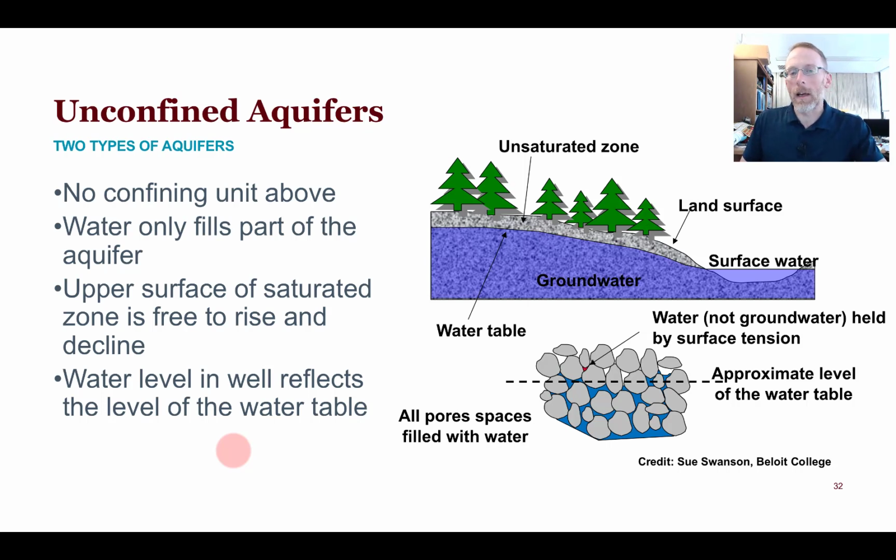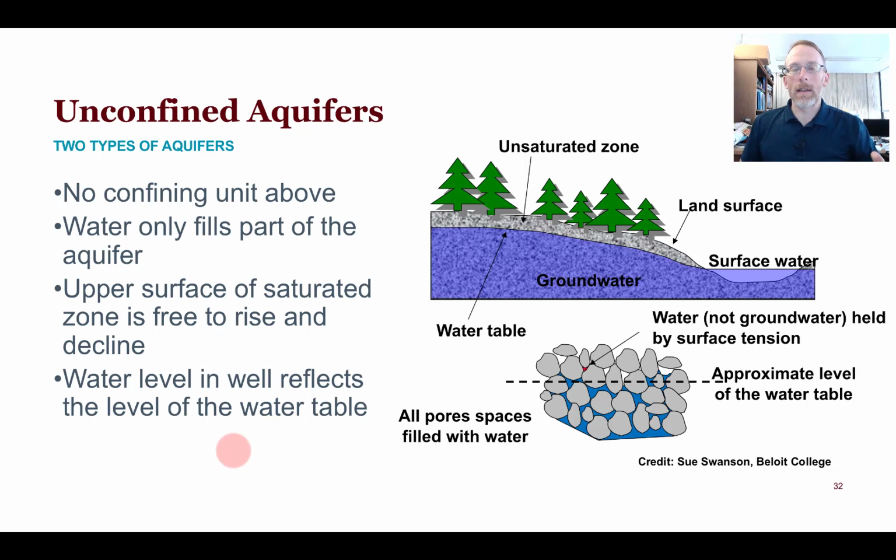There's no shale layers or other impediments in between. Water only fills part of the aquifer. So there is an unsaturated zone above the water table that's not filled with water. The upper surface of the saturated zone is free to rise and decline. So the upper surface of the saturated zone is, of course, the water table. That's the upper boundary of the saturated zone.